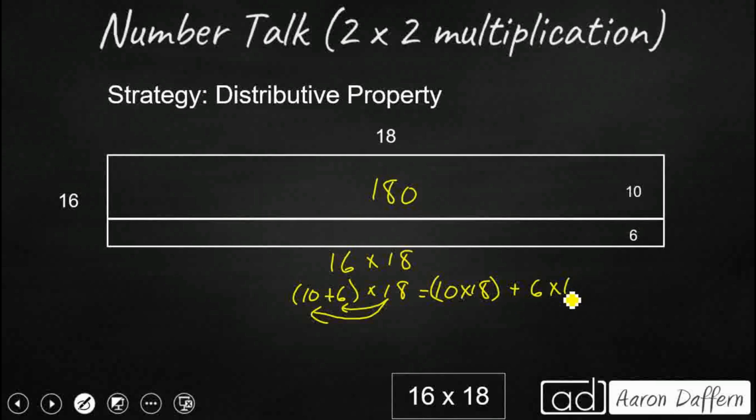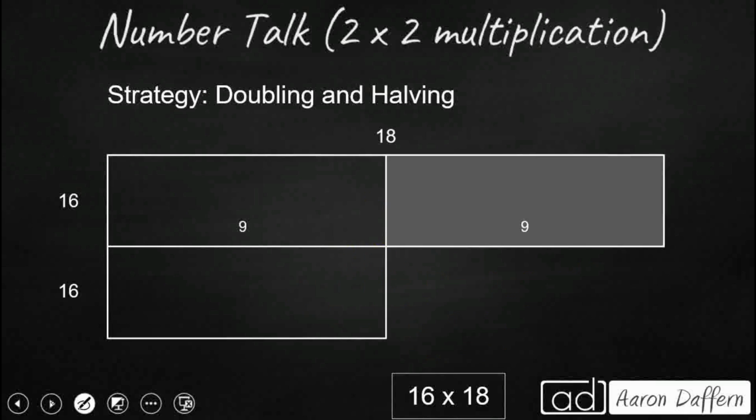So I have to do a little bit of work there. 6 times 18. So 6 times 10 is 60, 6 times 8 is 48. Add those two together, I'm going to get my 108. And I've got 180 and 108. Guess what I'm going to end up at? Same answer, 288.